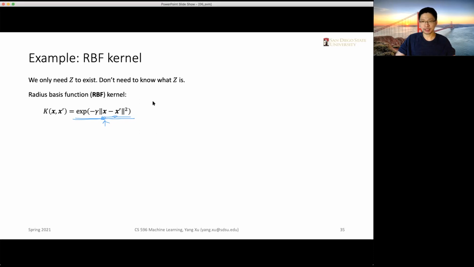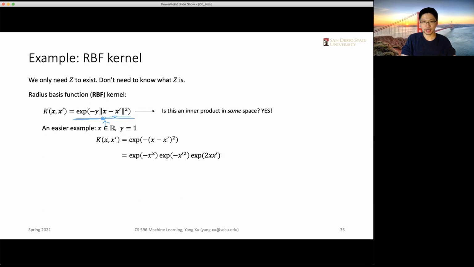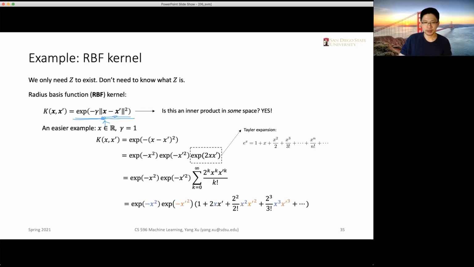This is quite a weird kernel function, but it's quite useful because it is also an inner product, if we can expand it. For example, we use gamma equals 1. If we expand it, we have 3 exponential functions. If we use the Taylor expansion for the last exponential function, we will have a series like this. The summation of this series we can write in the form of an inner product.